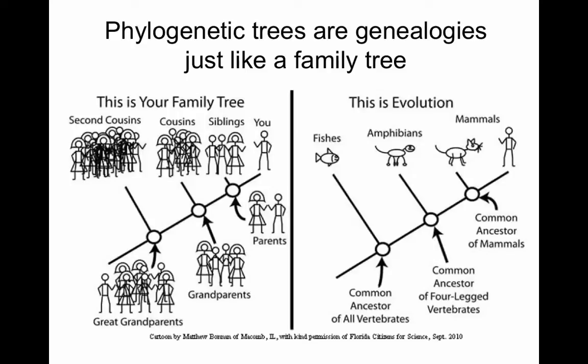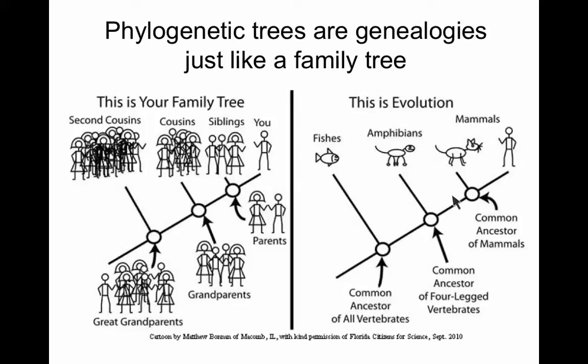So just like that, the family tree is the same as our evolutionary trees, just looking farther and farther back into our ancestry. At some point, us and all other mammals share a common ancestor. This node here represents an organism that was the last common ancestor of all mammals, the most recent common ancestor of all mammals.